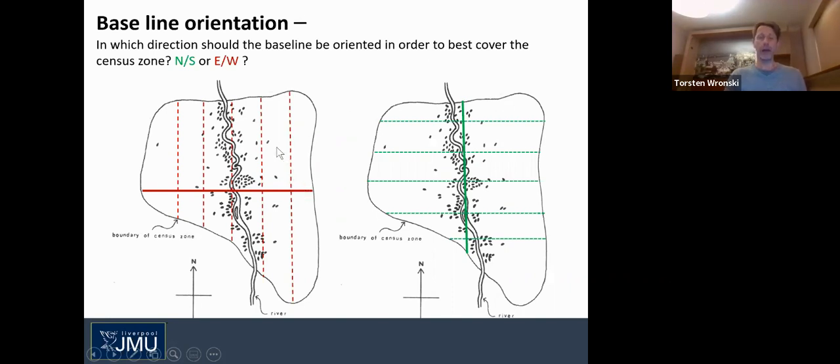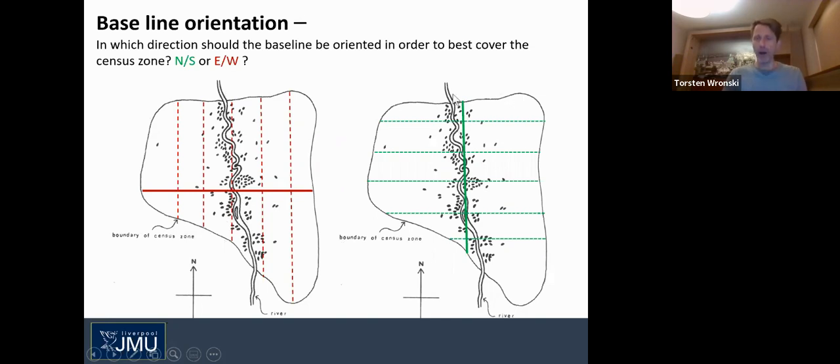Here we have a study area somewhere in Zimbabwe, and through the study area a river is running. As you can see, these dots here are animals, and they are somehow clustered along the river, most likely in the riverine vegetation. Now the question to you: is it better to have the baseline across the study area at a right angle to the orientation of the river, and therefore transect lines running parallel to the river?